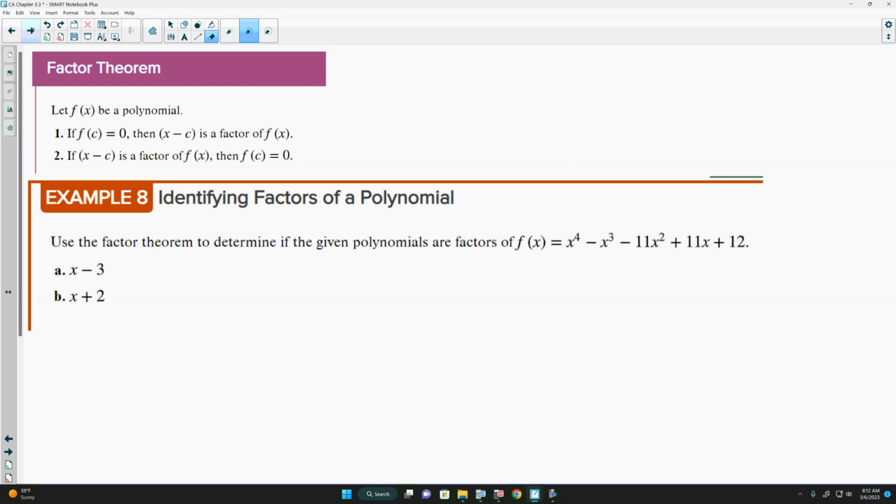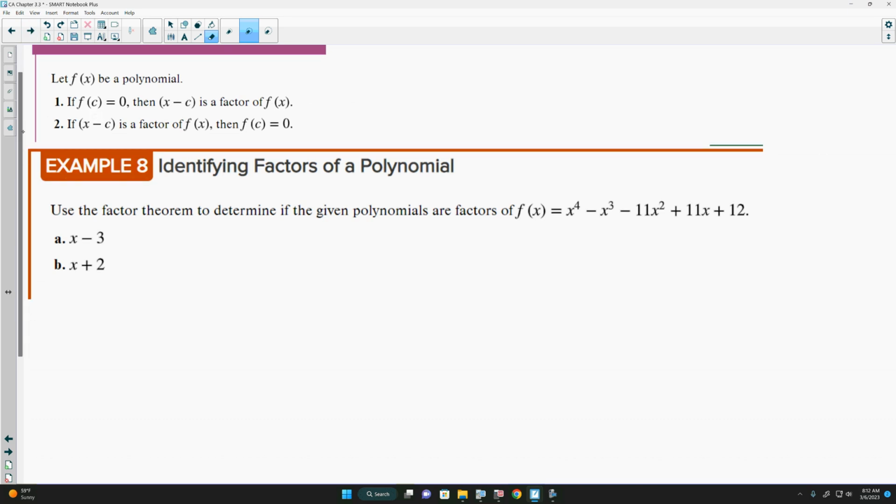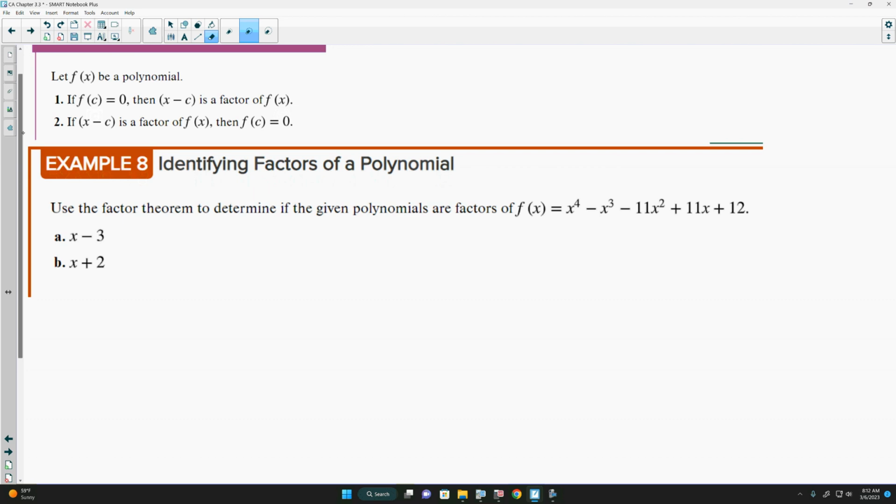So we've kind of stated this already. If f of c is equal to 0, then x minus c is a factor of f of x. And if x minus c is a factor of f of x, then f of c is a 0. So if we do synthetic division, what we just did, and get a remainder of 0, then it's a solution.